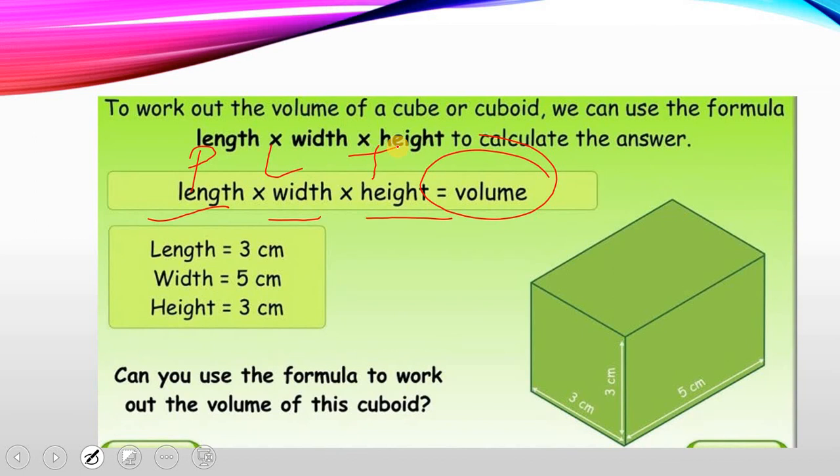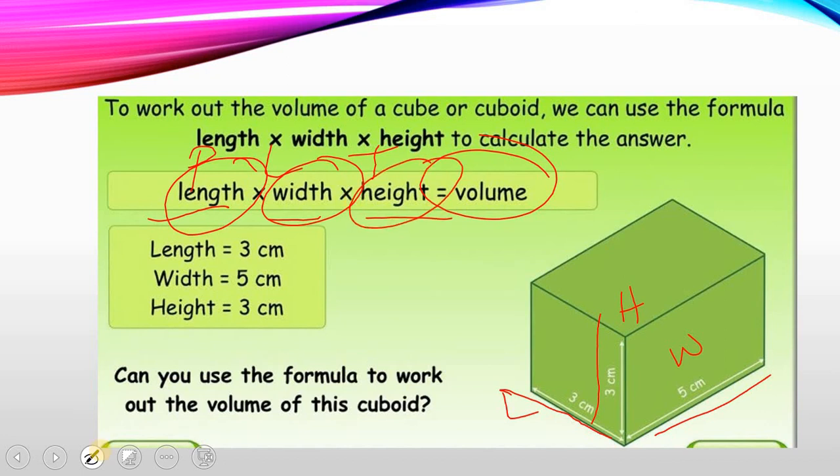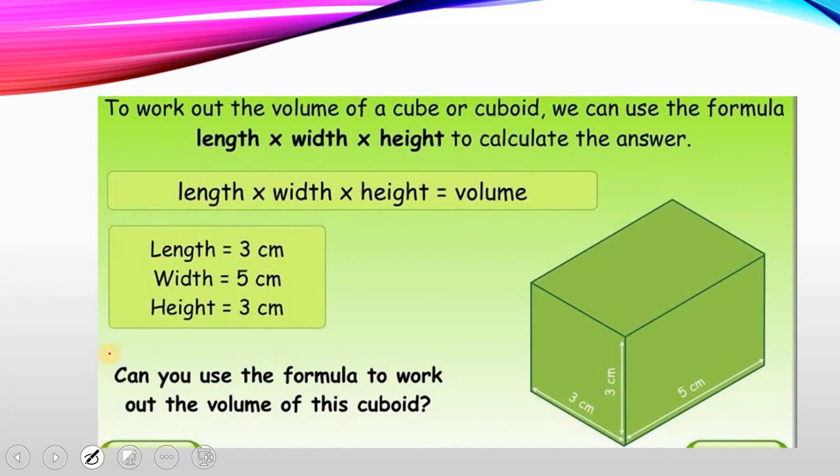So for example, if there is a question here, another question we have, here is the width, okay, ataupun lebar. Ni adalah dia punya height, okay, and ni adalah dia punya length. Okay, so we know length times width times height. Okay, so you just have to put inside the formula.